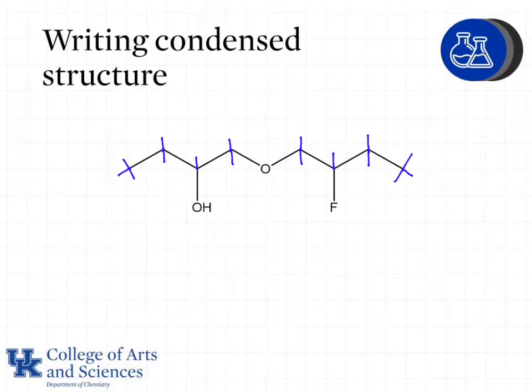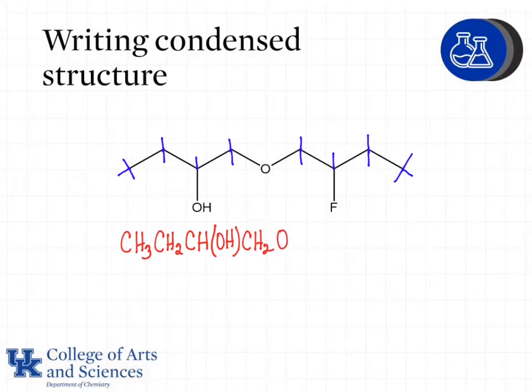Now we can go through and write our structure, starting with CH3, CH2, CH, but we also have an OH group, and it's off to the side of the molecule. It's not part of the long chain of the molecule, so we put the OH in parentheses. Then we have CH2, and then we have oxygen.